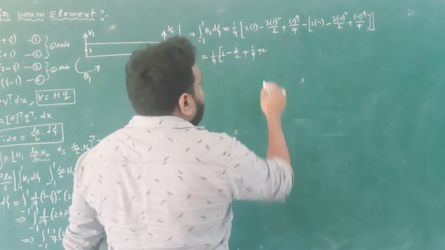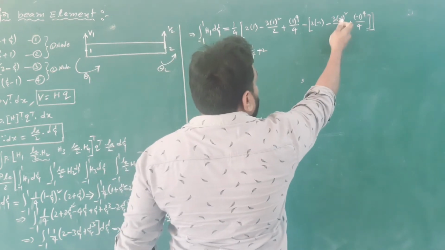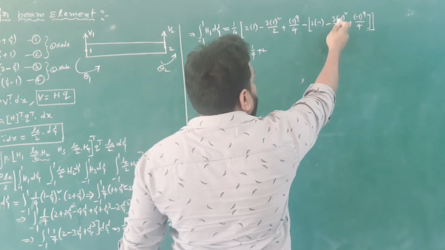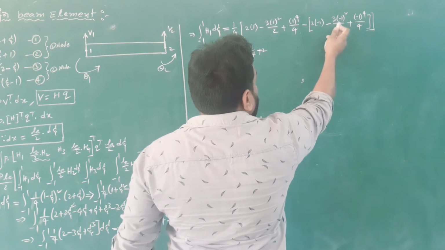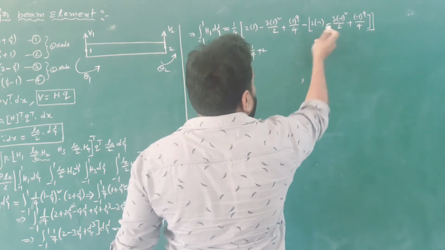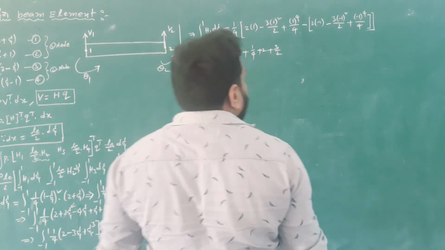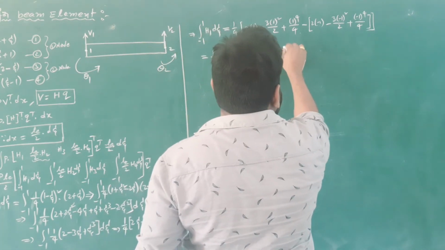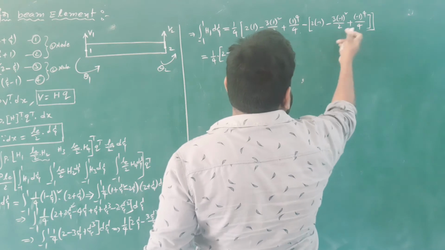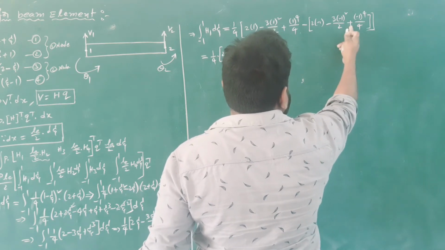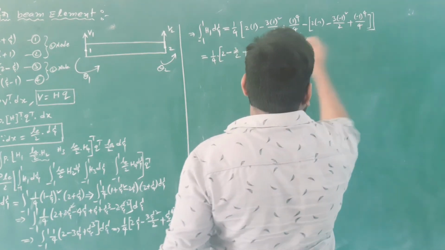Okay, next minus, so minus 1 square, that is plus 3 into 1, 3 by 2 minus into minus plus 3 by 2. Okay, next plus, that is minus into plus minus 1 by 4.